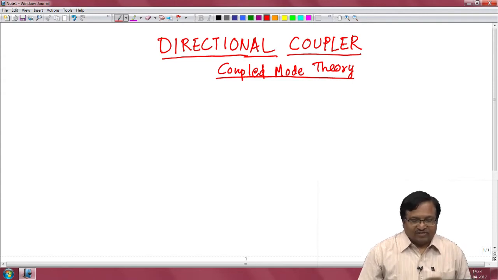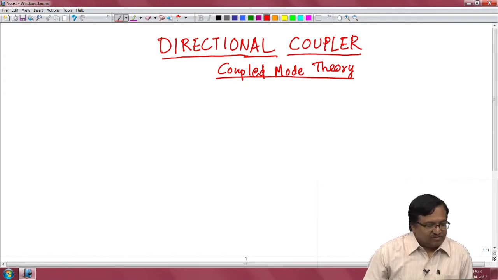Directional coupler is a very useful device in integrated optics.